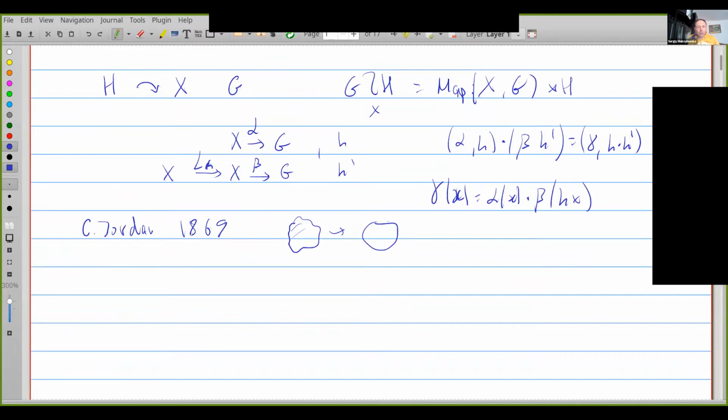Now this wreath product also appears. Why are they important? There are two things in which they are very important. One of them is: if you have a group extension, what does it mean? We have an inclusion, and here A can be viewed as a quotient.